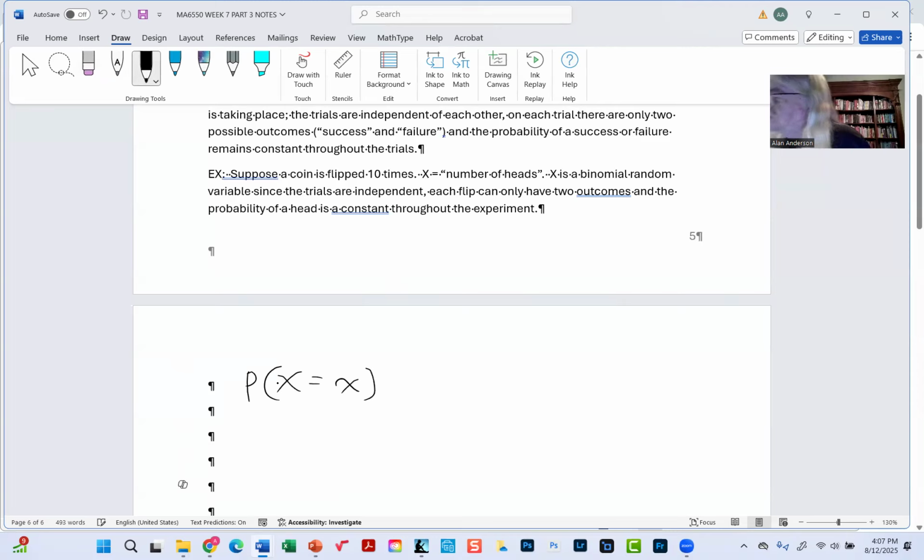Usually the textbook has a capital X and a lowercase x. Capital X is the random variable, the lowercase x is a specific value.